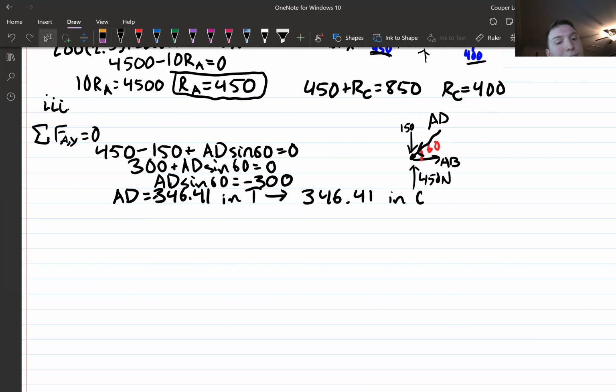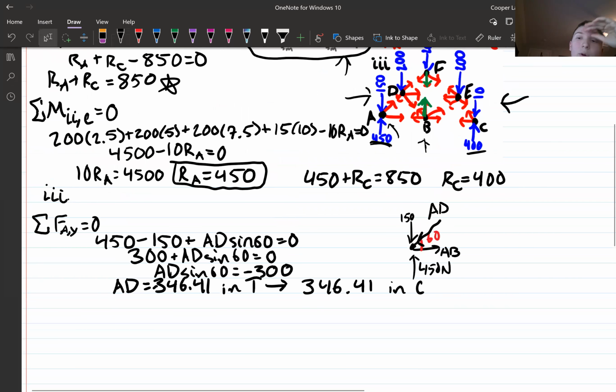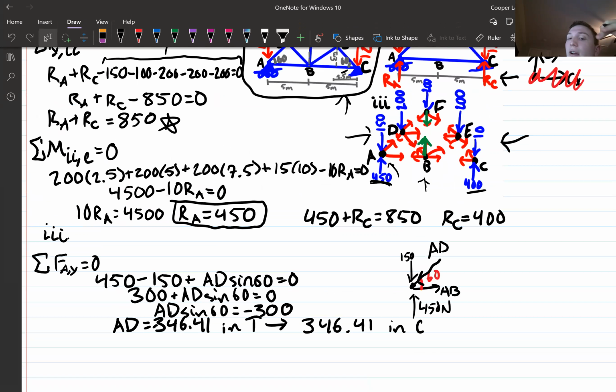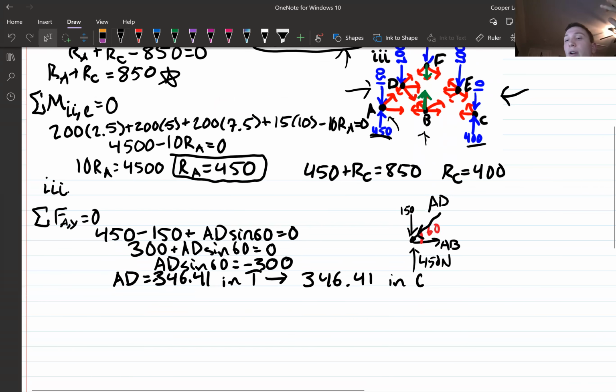So that brings me to here, where I'm going to ignore AB because AB is not going to have any effect on D. That's why I'm ignoring AB, because I'm trying to avoid point B because it has so many different unknowns.